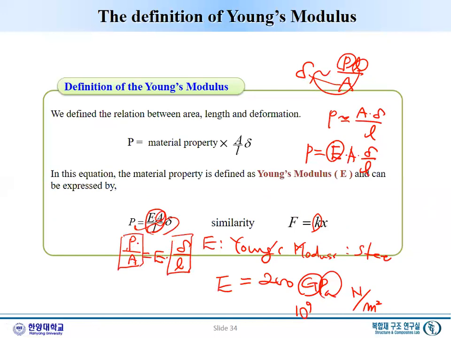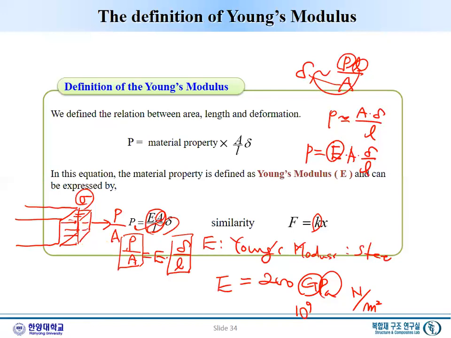What is P over A? Let's draw the cross section like that. We apply a certain force P. What does it mean? Over the section, P means that we apply a certain uniform pressure like that, and I will call this pressure sigma, equal to P over A. Force per unit area is called sigma.